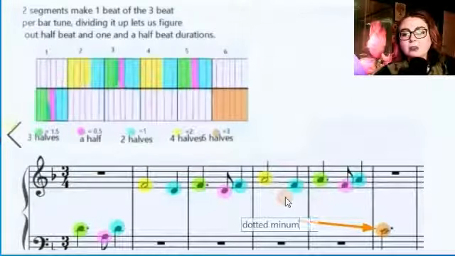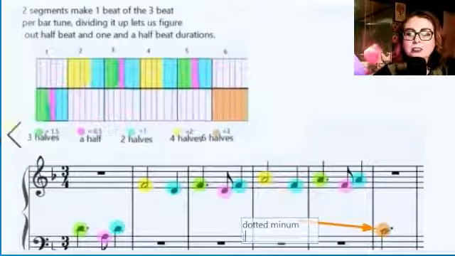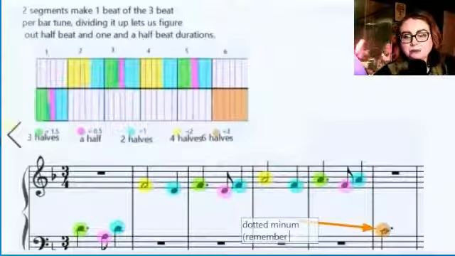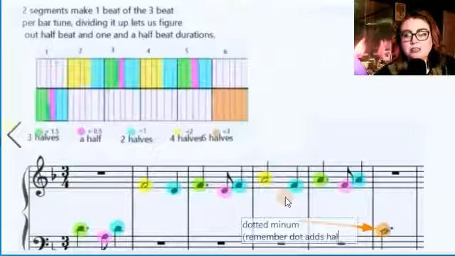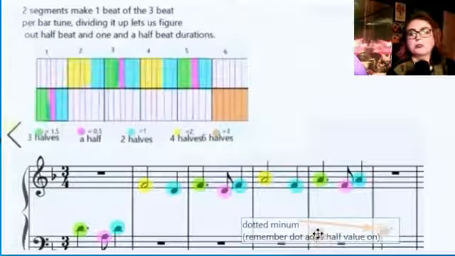And all the black blobs hanging down, they are full bar rests. Yep, the dot adds half a value on again. So that's why it's worth 3, because without the dot it's worth 2.